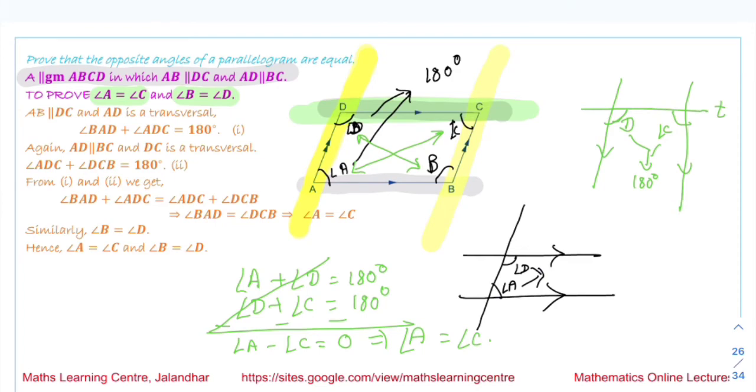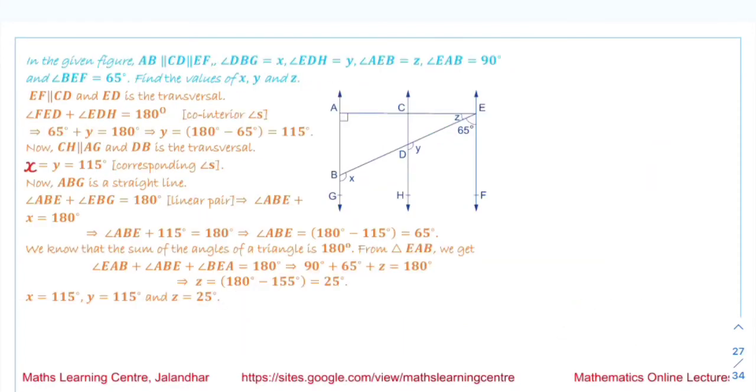Now in this next question, we are given three parallel lines: AB is parallel to CD is parallel to EF, and the angles are given. The value of DBG is X, EDH is Y, and AEB is Z. Further, angle EAB is 90 degrees and angle BEF is 65 degrees.